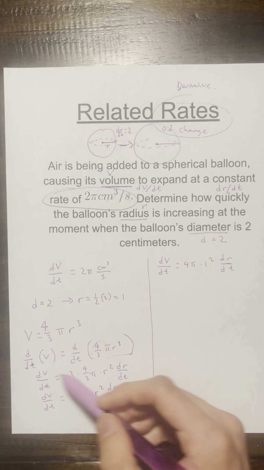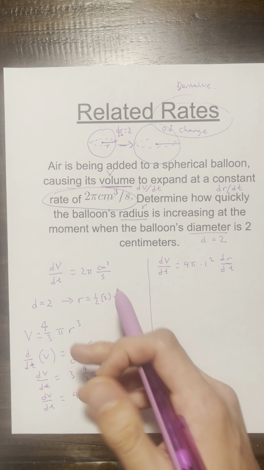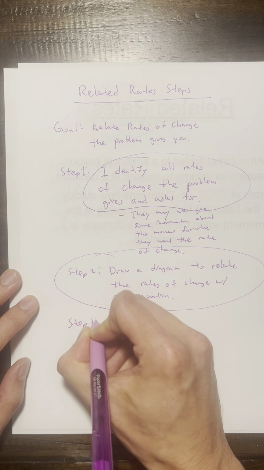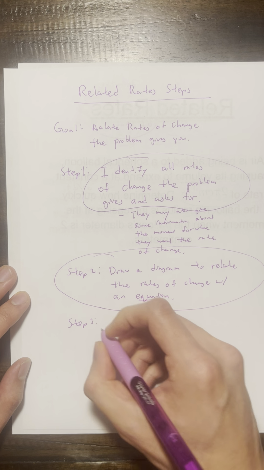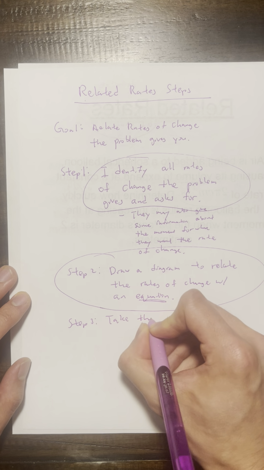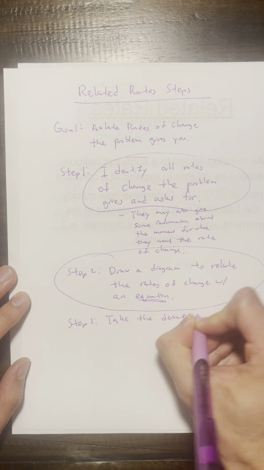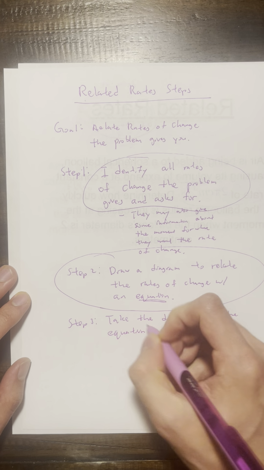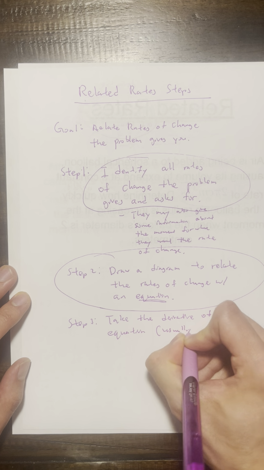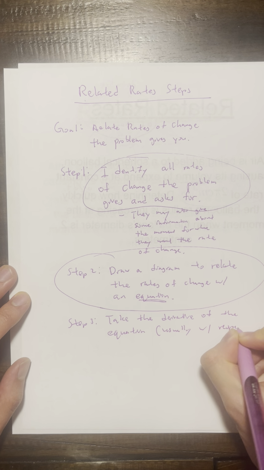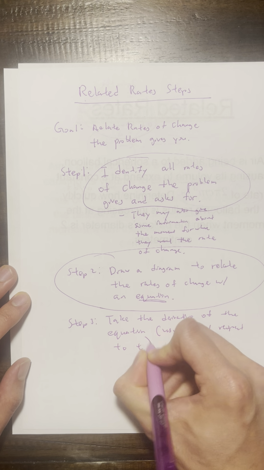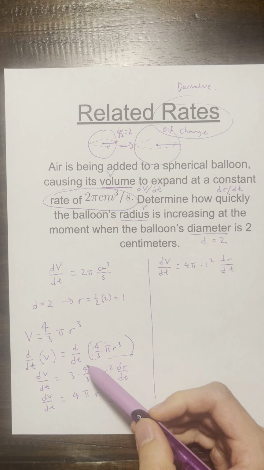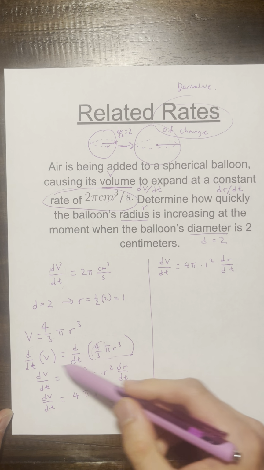So what did we just do? We just did step 3. Once you have the equation, take the derivative of the equation, usually with respect to time. And that's what we did here.